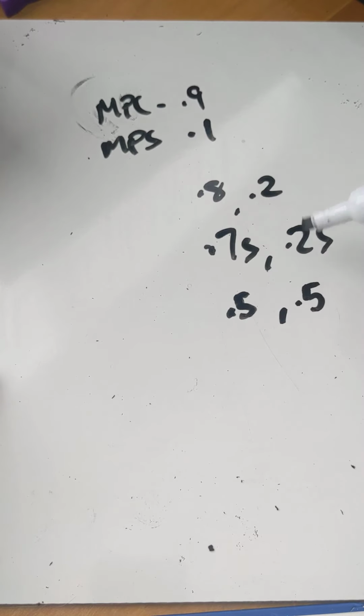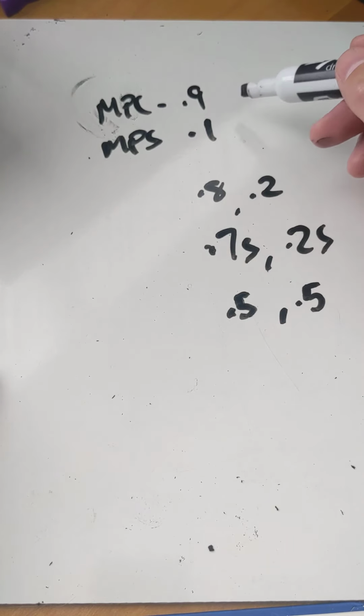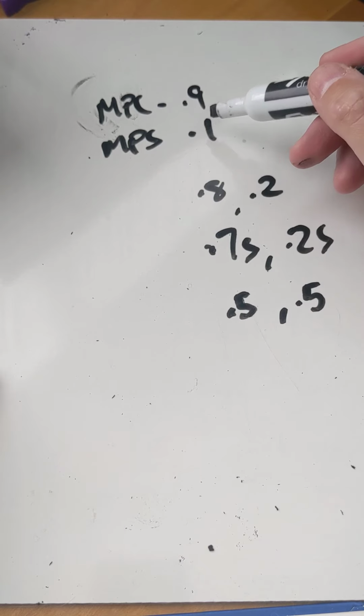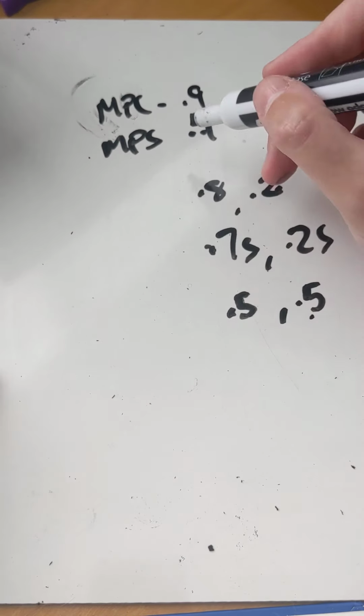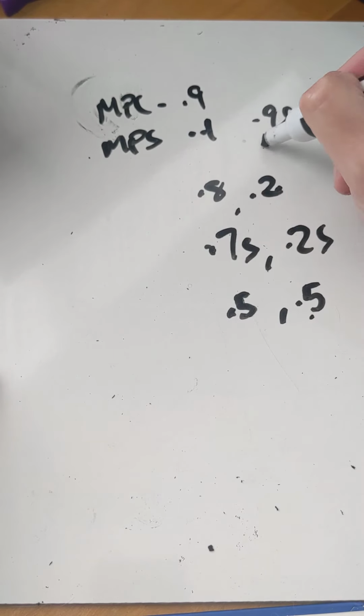And there's a reason for that. The math is easy, because these turn into something you're going to learn later called the multiplier. Multipliers of 10, 5, 4, and 2, which are easy math. If you have an MPC of 0.95 and an MPS of 0.05, that's a multiplier of 20, and that gets weird.